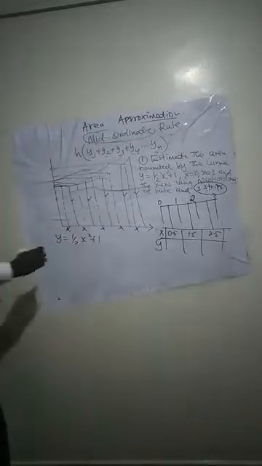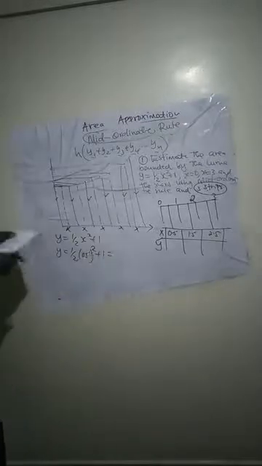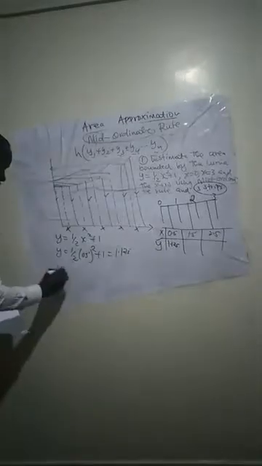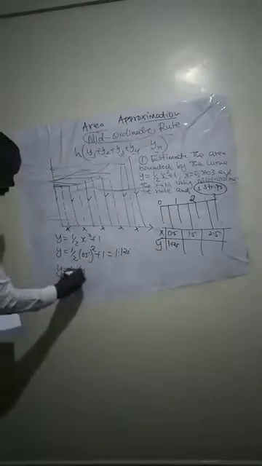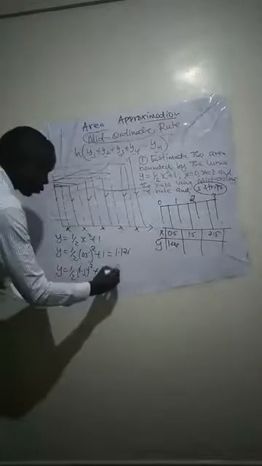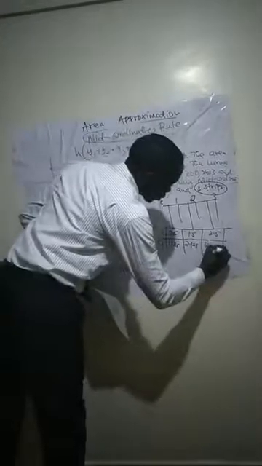The first value of x is 0.5, so y equals 1 over 2 into 0.5 squared plus 1, and the answer is 1.125. You do the same thing for 1.5 squared plus 1, and the answer is 2.125. You do the same for 2.5, and the answer is 4.125.